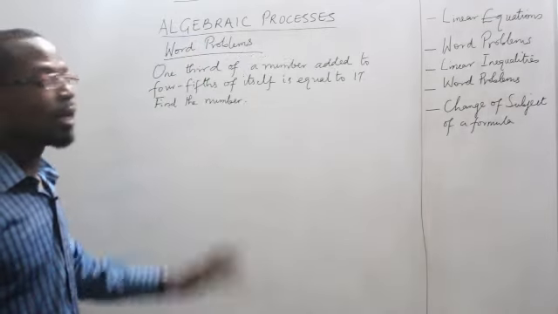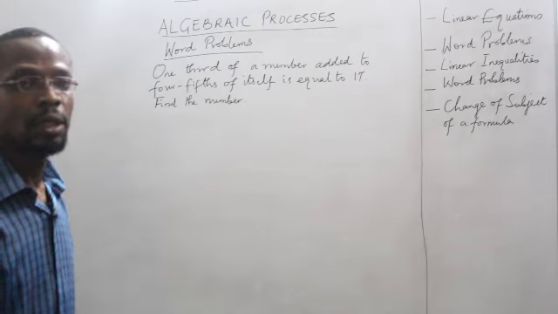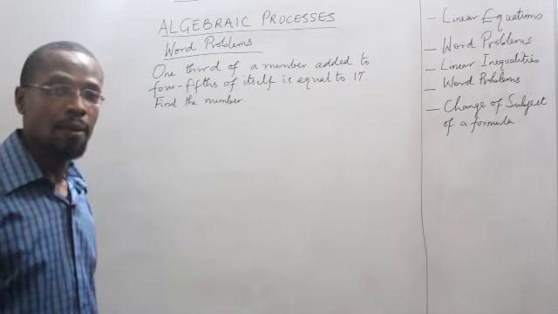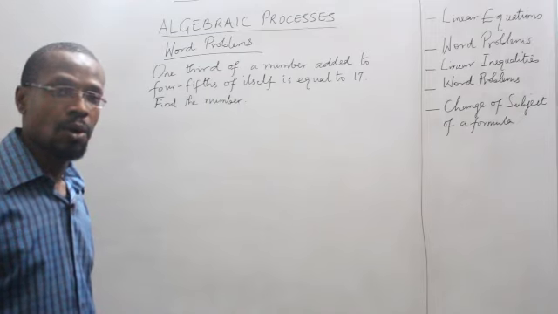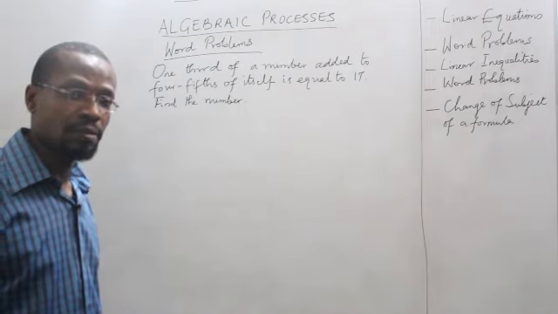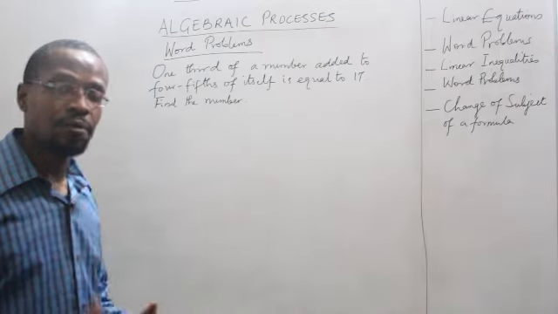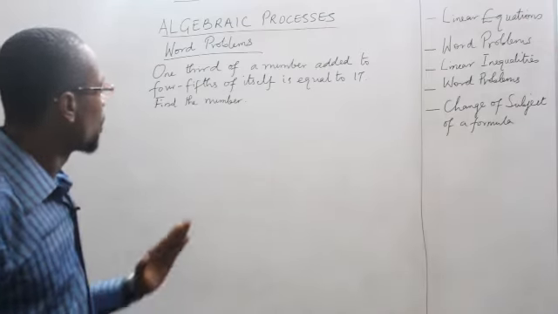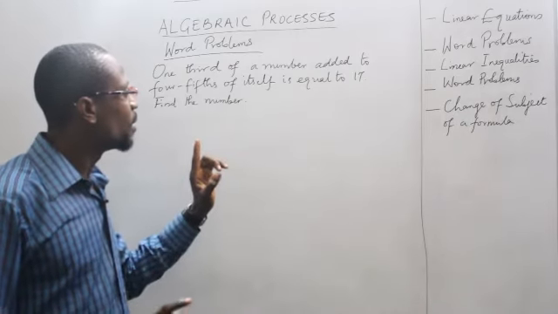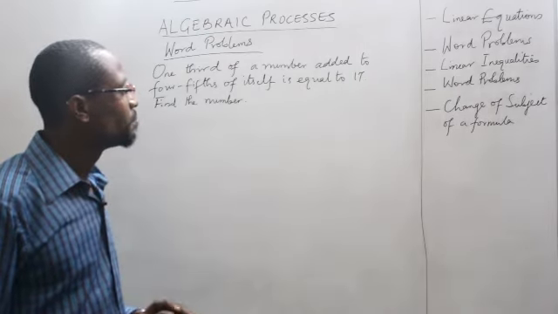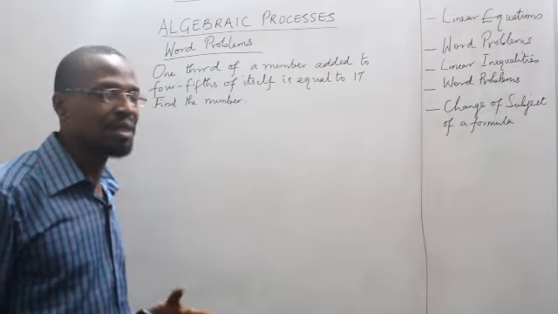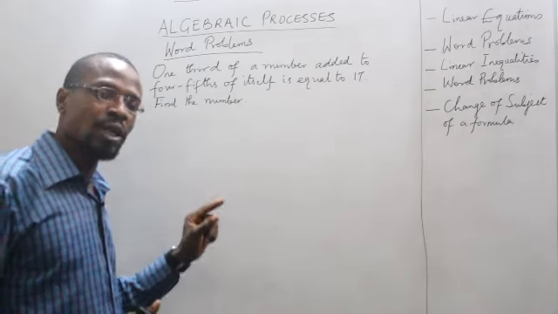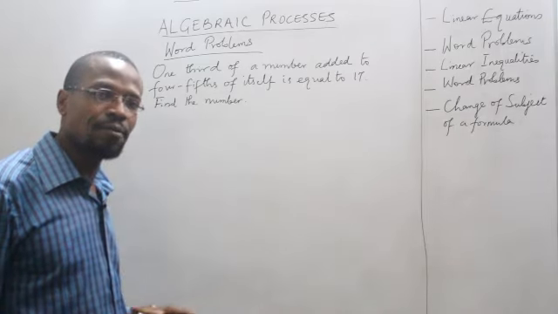Right now we have a word problem on the board. Word problems are not as difficult as they may seem if you follow the right steps. The first thing to do is to pick a letter, an alphabet, that will represent the unknown, that will represent what we are looking for.